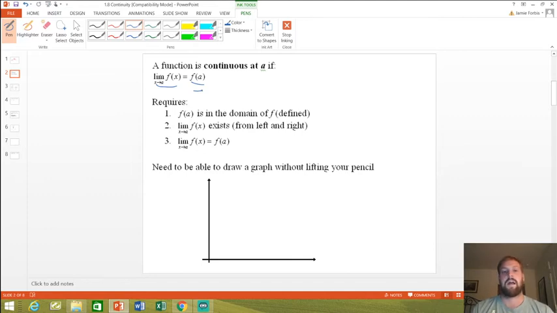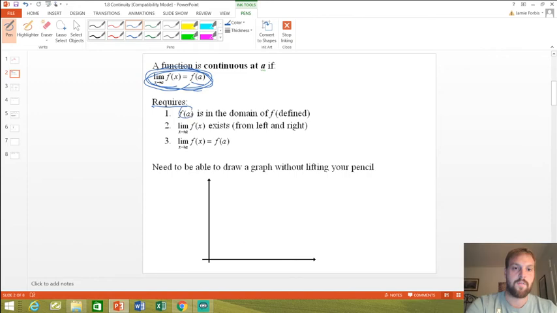Now, in order to define continuity, we have to prove three things. And the third thing is pretty much the summary. In order to do that, we first have to figure out f of a. We have to show that f of a is in the domain.